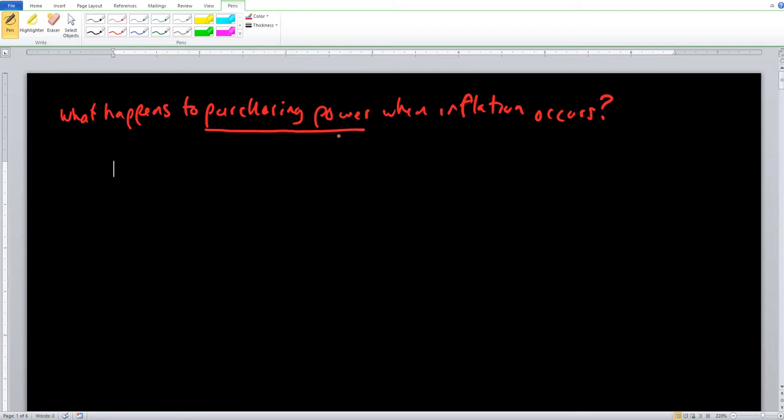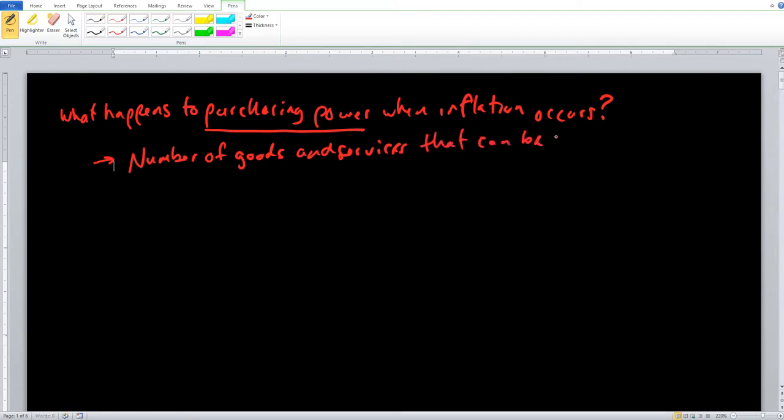Purchasing power, on the most simple basis, is what we can buy for an amount of money, or a number of currency. So purchasing power is the number of goods and services that can be purchased for a unit of currency.